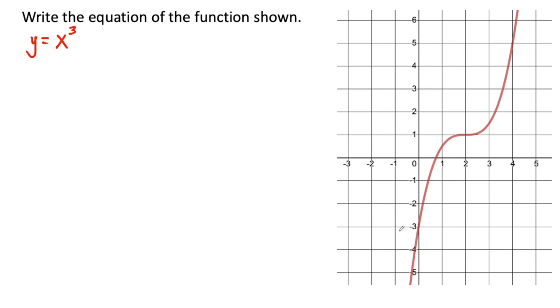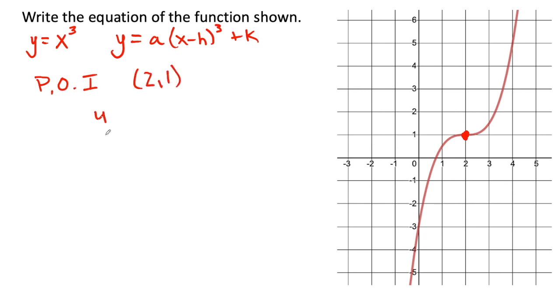The general form of a cubic function: it's increasing, it's going to level off, and then it's going to start increasing again, and then you have this point of inflection right there. The transformed form would be a times x minus h cubed, plus k. The h and k are going to come from the point of inflection, where the other two are the vertex. So the point of inflection here is 2, 1.